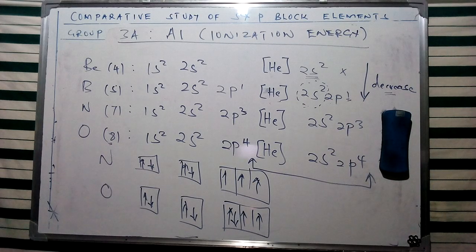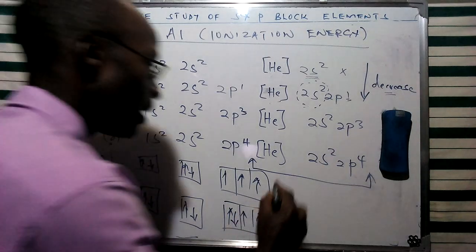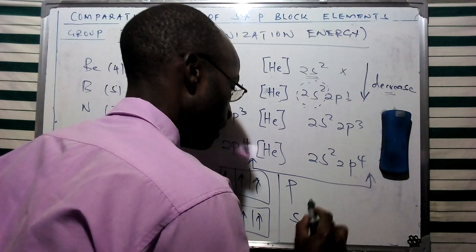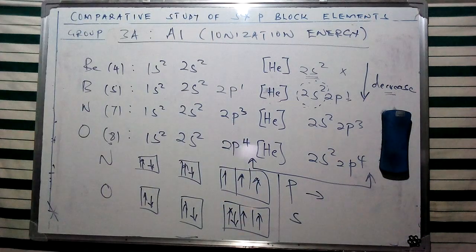In case we look at examples like phosphorus and sulfur, we can give the ionization energy for phosphorus and sulfur.